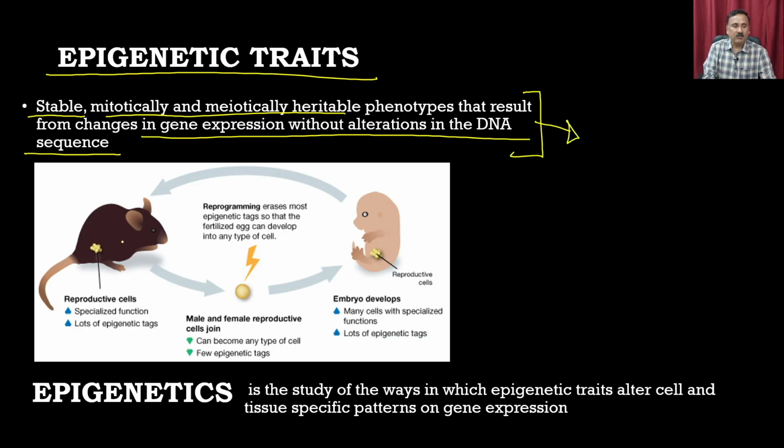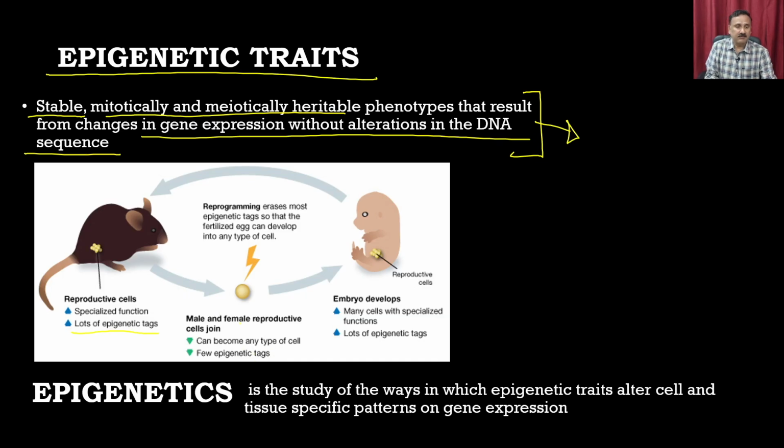So for example, you are going to have epigenetic tags on the female eggs, and you are going to have these tags on the sperm, and then when they join, they form the embryo.